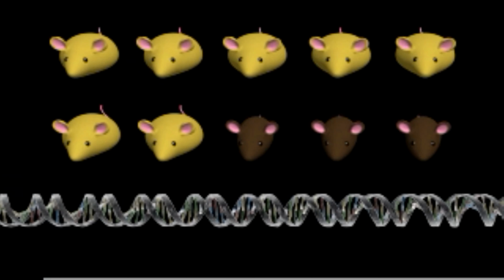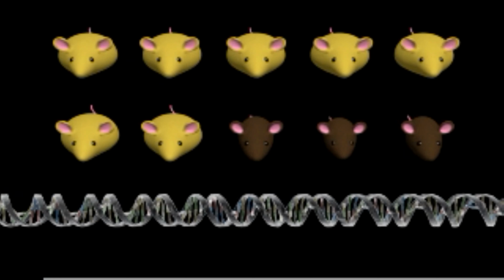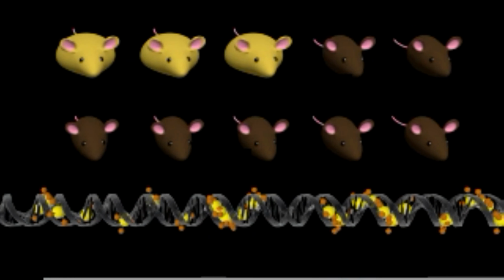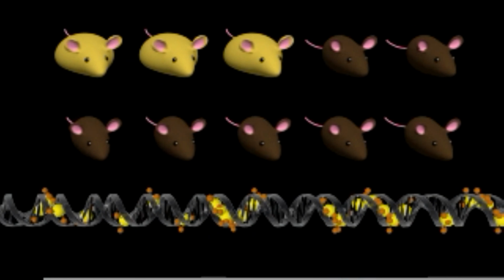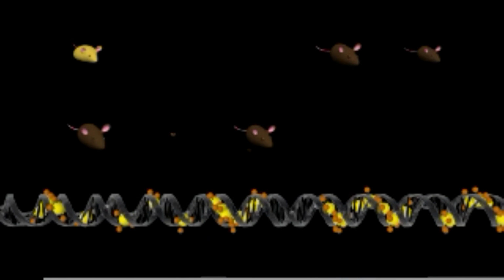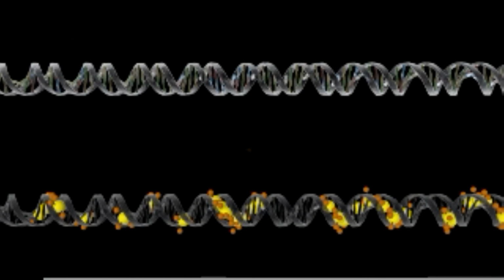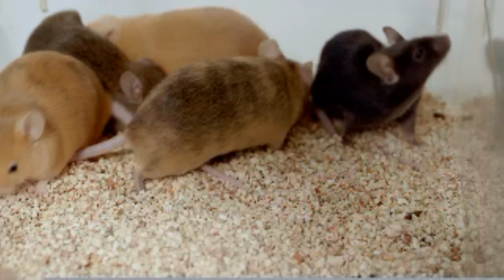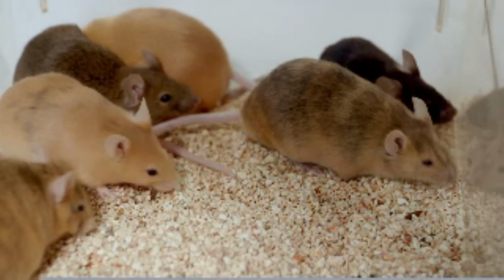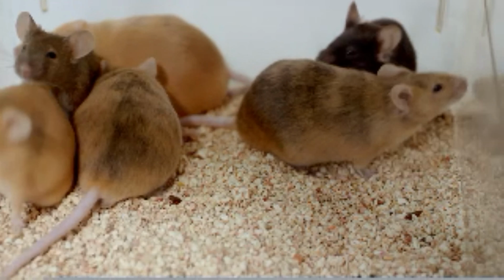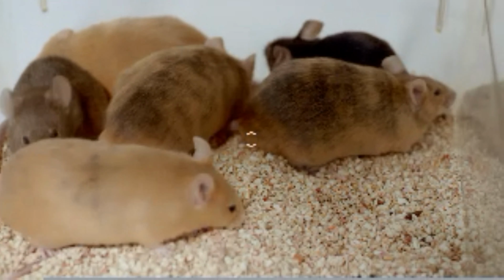With the gene on or active, more mice were born yellow and grew obese. With the gene silenced, more mice were born brown and remained thin. Same genes, very different results. The difference is whether particular genes are switched on or off, expressed or silenced.